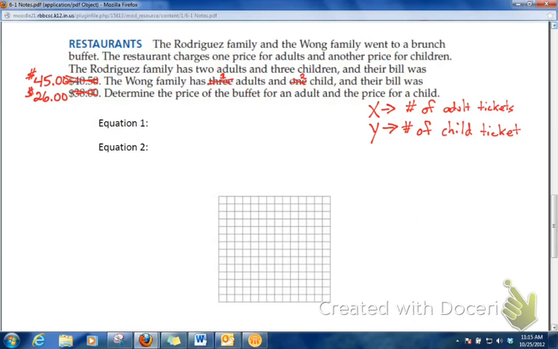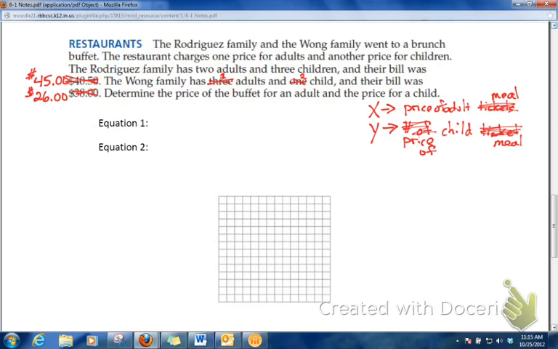Actually, I think I like that better. Let's actually change that. Let's say this is the price of an adult meal and price of a child meal, because that's what we don't know. We don't know what they're charging each person.